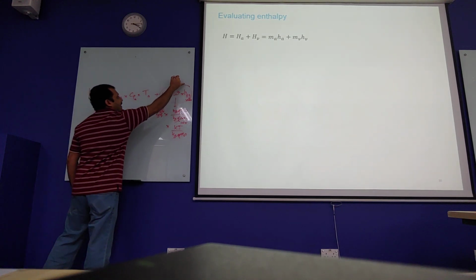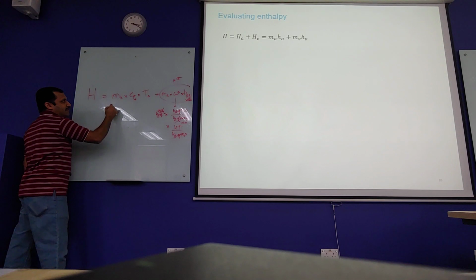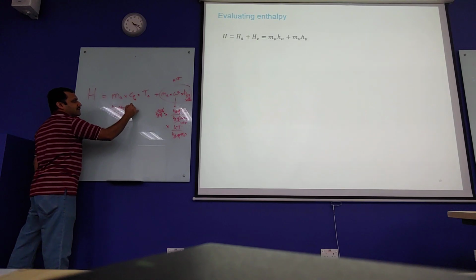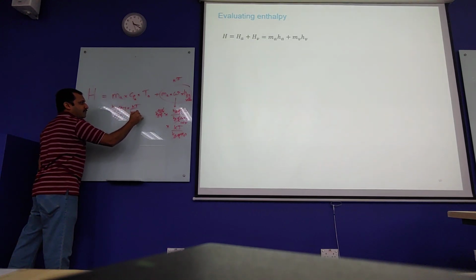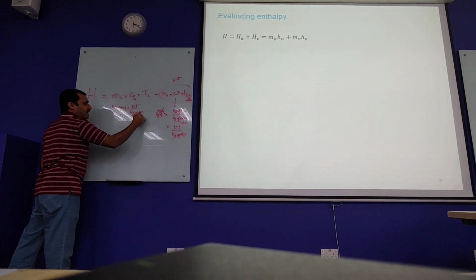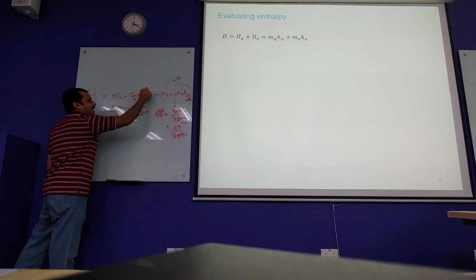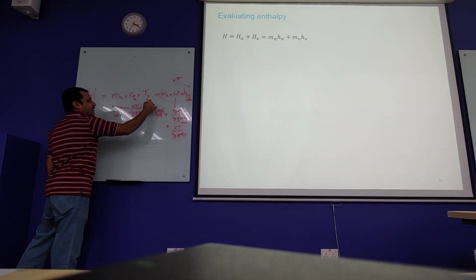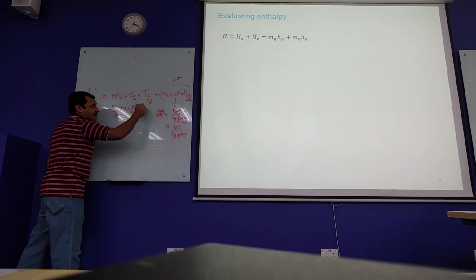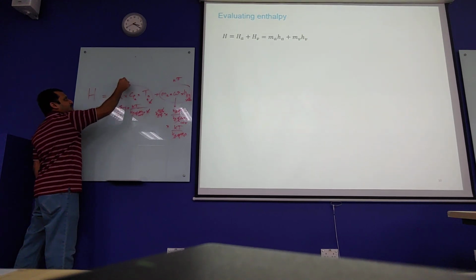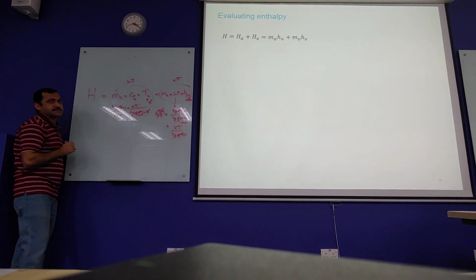Similarly, in there, we have kilograms of dry air times kilojoules per kilogram of dry air times kelvins. So kelvin cancels, dry air cancels, you end up getting that also as kilojoules.